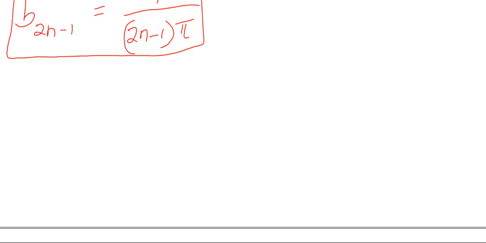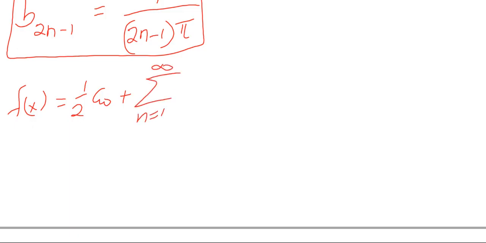And so I now substitute back. F of x is equals to a half a naught plus the sum n is 1 to infinity.